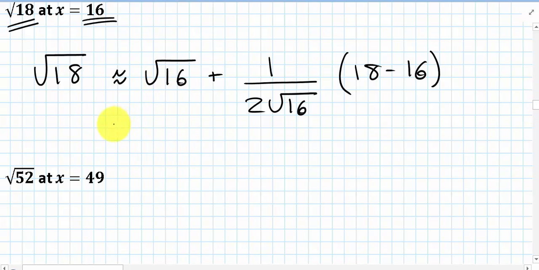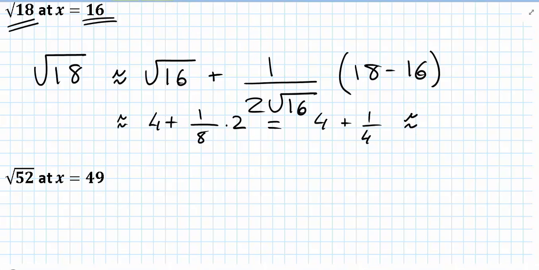So what is the square root of 16? Well, it's 4 plus 1 over 2 times 4, that's 1/8, times 18 minus 16, which is 2. So it is 4 plus 1/4. So with the tangent line approximation, I'm saying the square root of 18 is about 4.25.